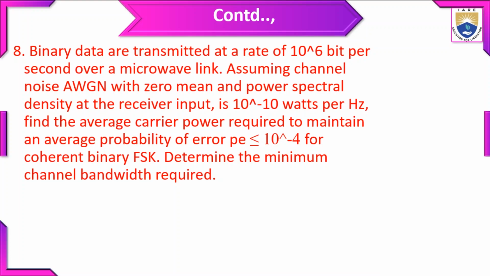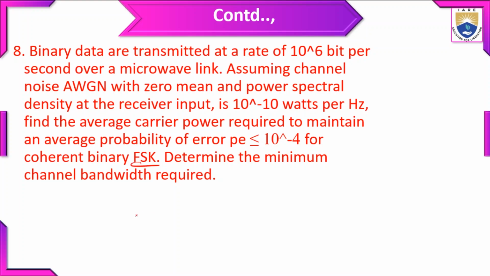So they asked here the bandwidth, and also they ask to find the average carrier power to maintain the average probability of error of 10 power minus 4. So what is this technique? This is binary FSK.